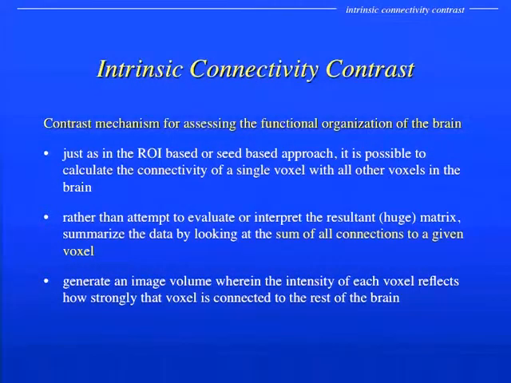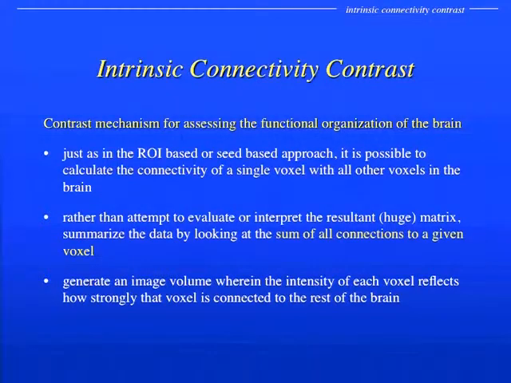But rather than making a huge matrix for that given voxel, what you can do is come up with a summary statistic, which in most cases is the measure called degree, which is the sum of all the connections to a given voxel. So in doing this, you're going to define some threshold of correlation. Let's say it's a correlation threshold of 0.25, and you say anything that has a correlation above that is going to be considered a connection, and let's just count the number of connections. And that's what the degree measure is.